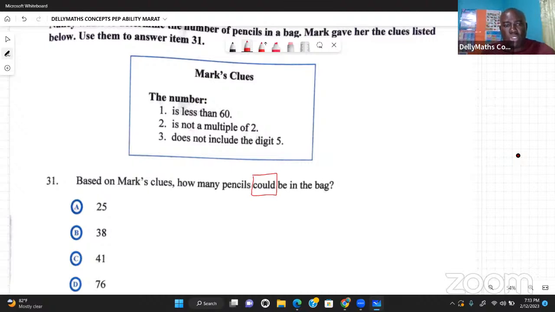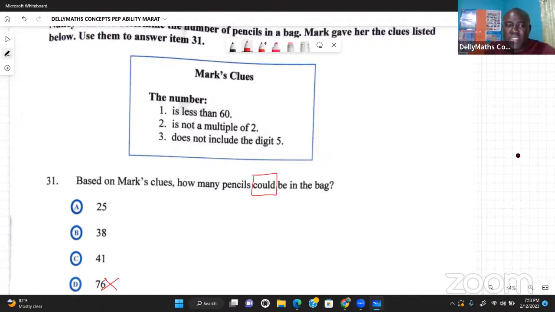Now, let us jump at the question. It says the number is less than 60. Okay, less than 60, I'm going to take off 76. So when I get clues, I'm eliminating answers. 76 cannot be. The next clue says the number is not a multiple of 2.